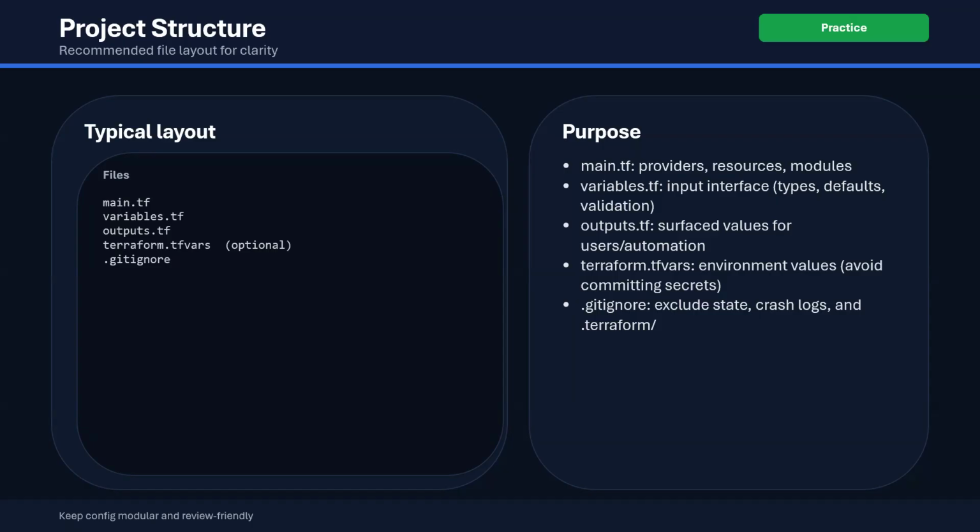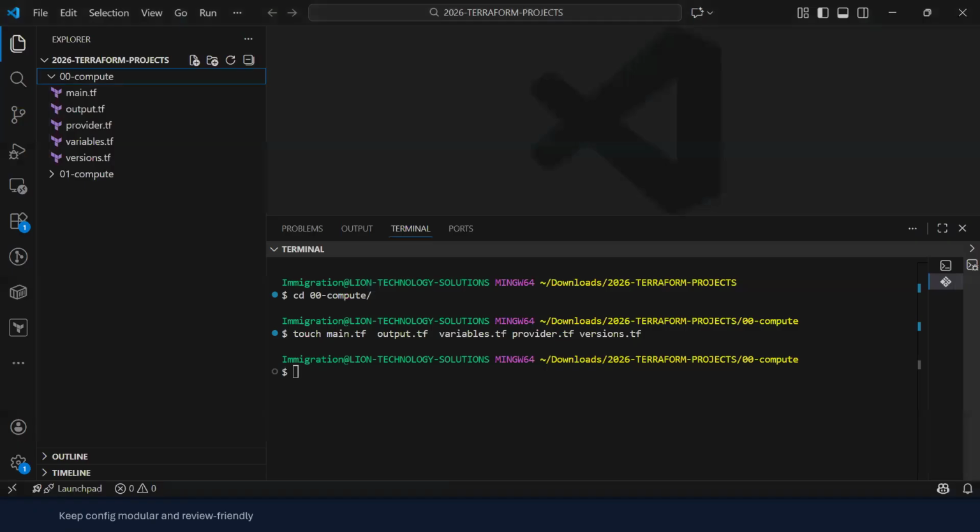Now we are going to see this, and some of you are going to face difficulties if you ignore this file. The .gitignore file is so important when it comes to Terraform because there is no way you want to commit your Terraform state file to a GitHub repository. That is a disaster. Nobody should ever do that.